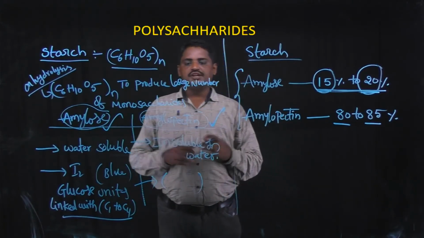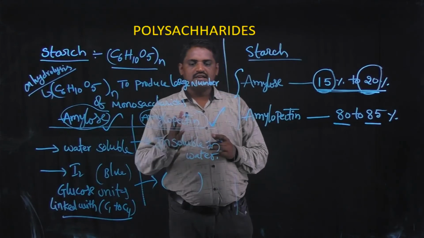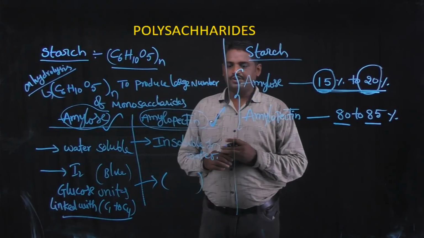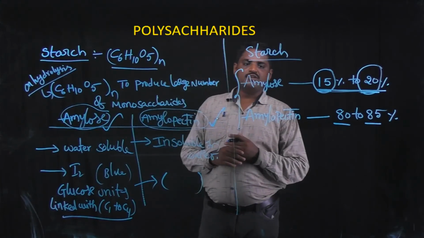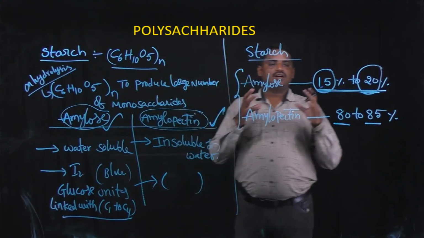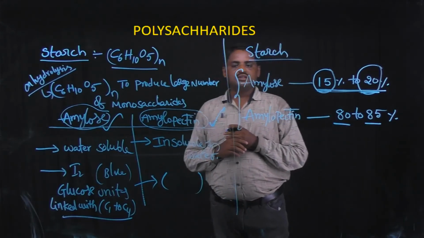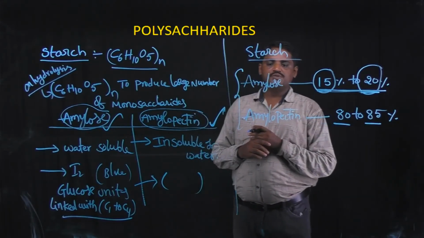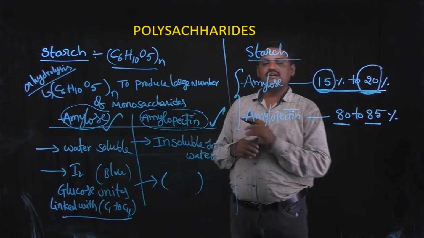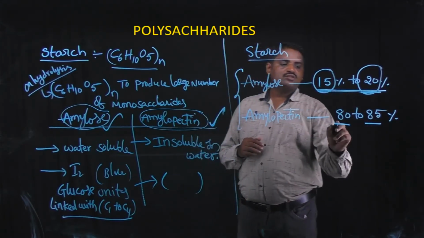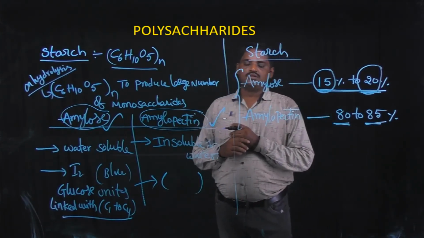Starch contains two types of units, amylose and amylopectin. So these are the properties of amylose and of amylopectin. Starch involves 15 to 20% of amylose and 80 to 85% of amylopectin.